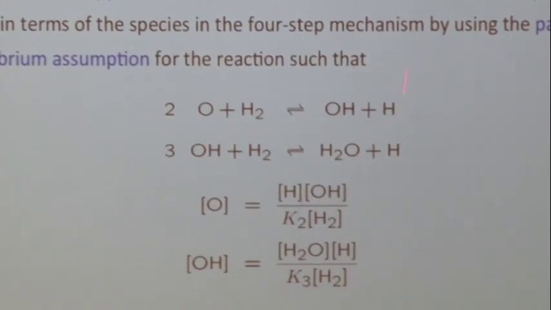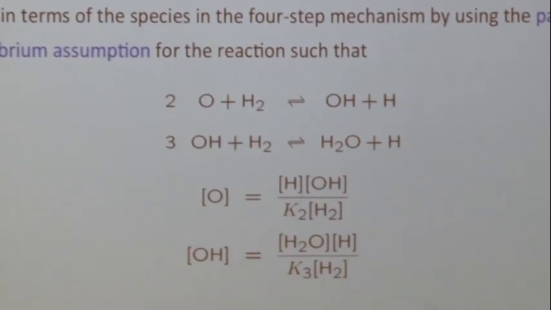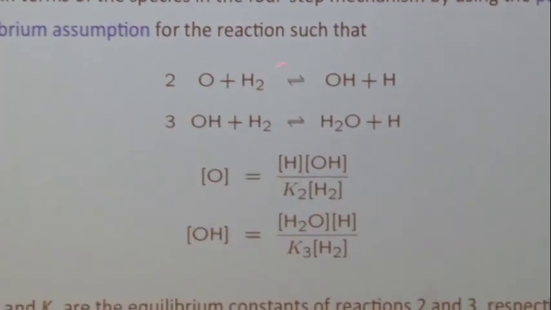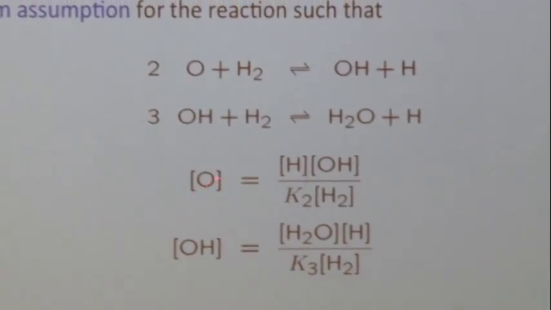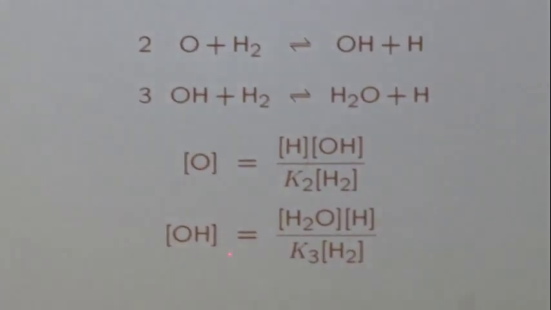We said these are very, very fast, so we want to say they're in partial equilibrium, meaning forward rate and reverse rate are the same. And if we say forward rate and reverse rate are the same, then you get a partial equilibrium condition here in terms of H, OH, and H2. And so this is given in terms of the equilibrium. I'm not sure if this is clear exactly how this works.